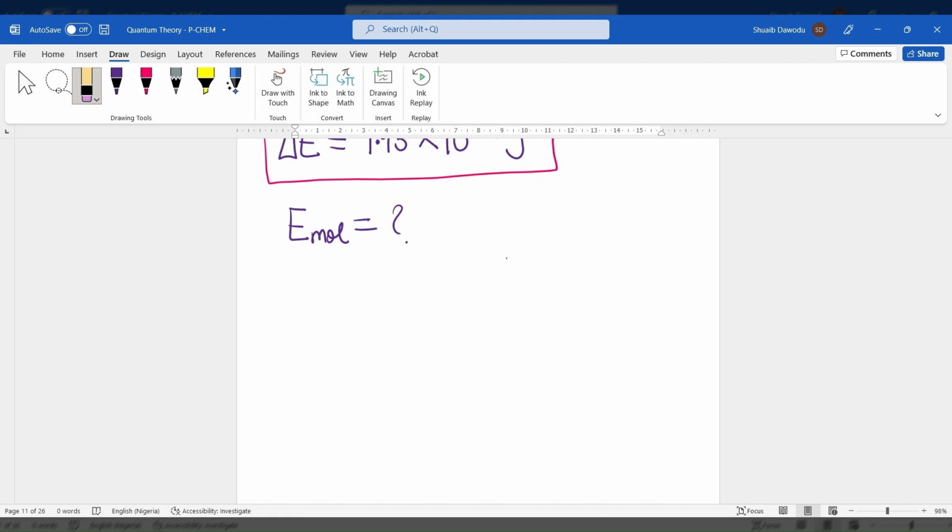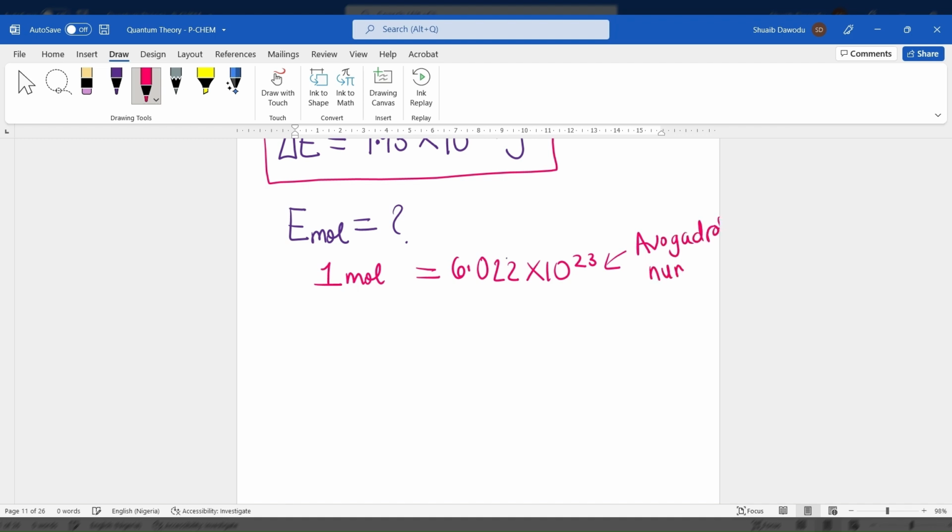But in this particular case, we were not given the number of moles for energy, so we cannot just divide something by that. But one thing we know from our fundamental knowledge of chemistry is that 1 mole of a substance, of an ion, of an element, of an atom, of a molecule, of any particle is always going to be 6.022 times 10 raised to the power of 23, which is called Avogadro's number.